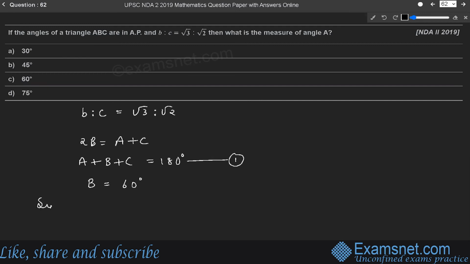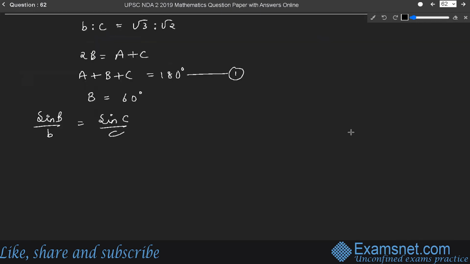Now sin B upon b is equal to sin C upon c. It implies that sin 60 degrees upon root 3 is equal to sin C upon root 2, because the ratio is given, which is root 3 is to root 2.